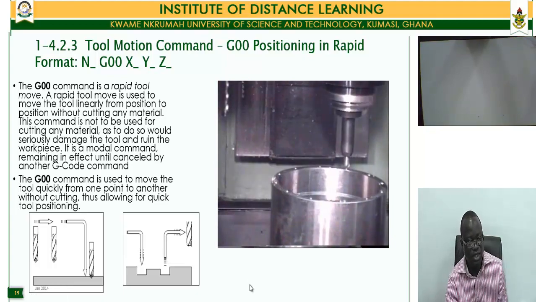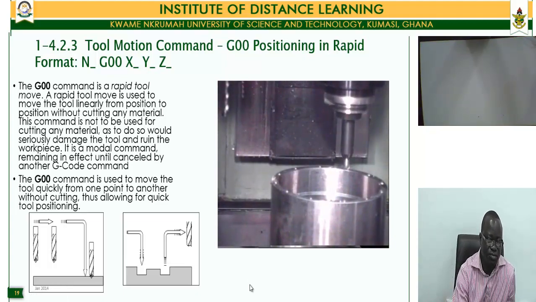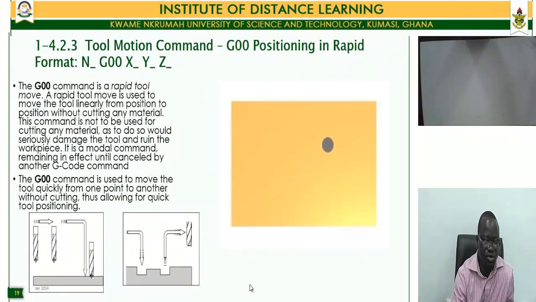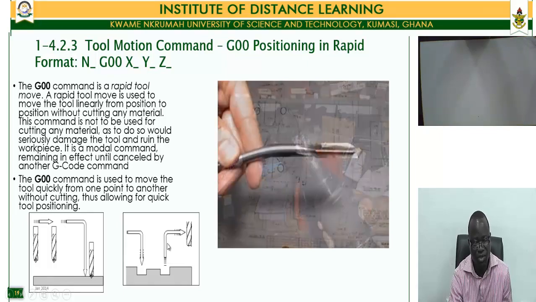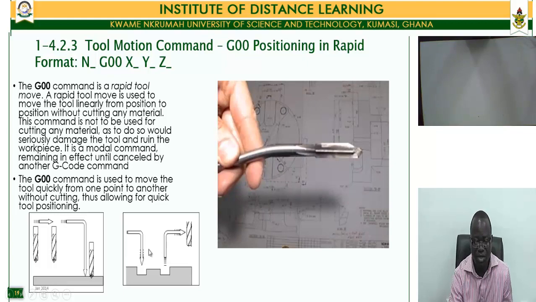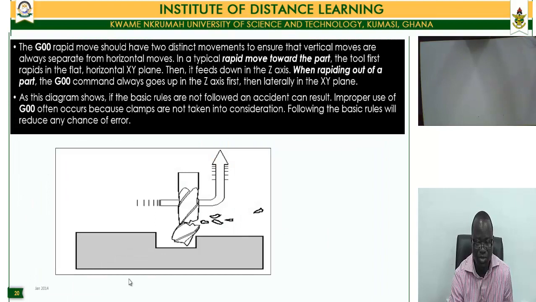So typically, for the syntax of a G00 command, the move should have two distinct movements to ensure that the vertical moves are always separate from the horizontal moves. That's in a typical rapid move towards the part. Normally you have the first rapids in the flat, that is the horizontal XY plane movement, then it feeds down the axis.